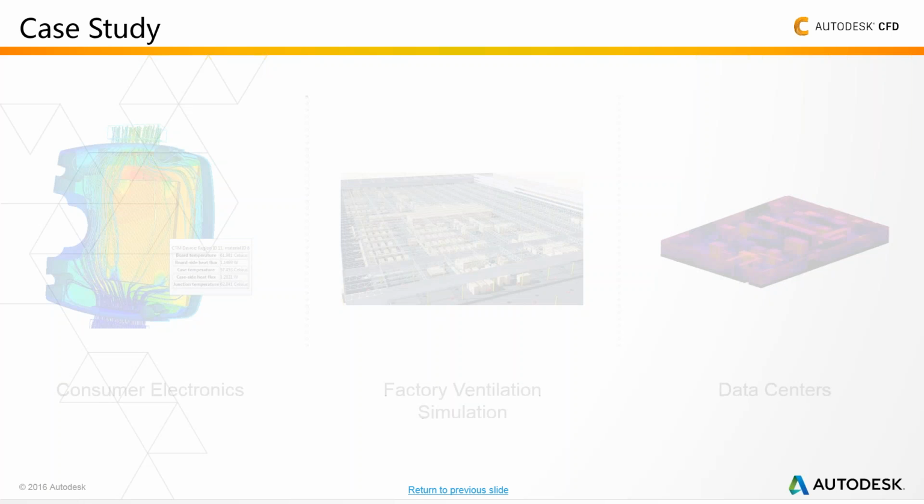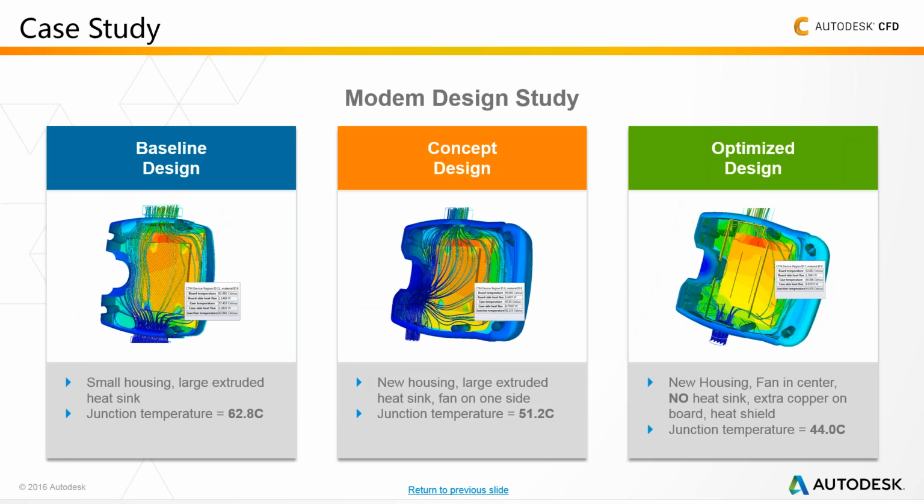So on consumer electronics side, here's a modem design study where we have an example of optimization of the airflow and heat management inside a modem unit. The original baseline design on the left side had a small housing and a large heat sink, and it was found that a critical component had a temperature of 62.8 degrees Celsius, overheating.